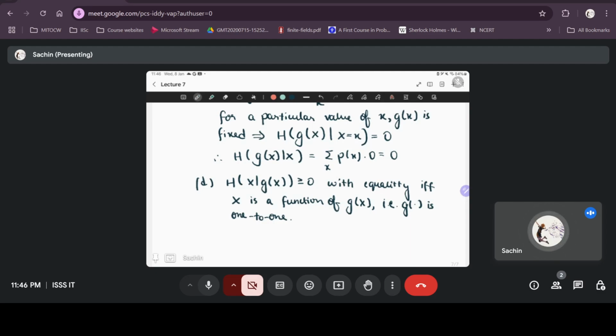So when we don't specify the codomain, it's just taken as the range. So it's an onto function also, just by convention. That is, all values of g of X are considered as the codomain for the function g.